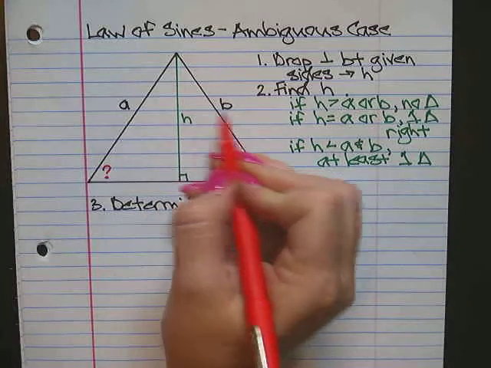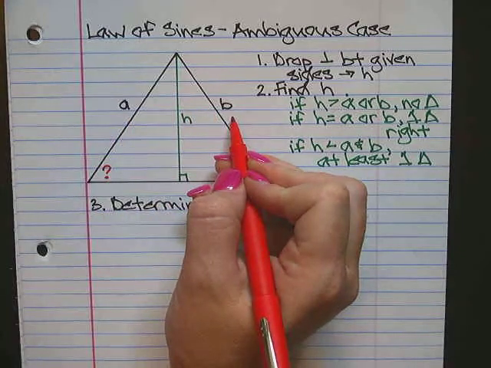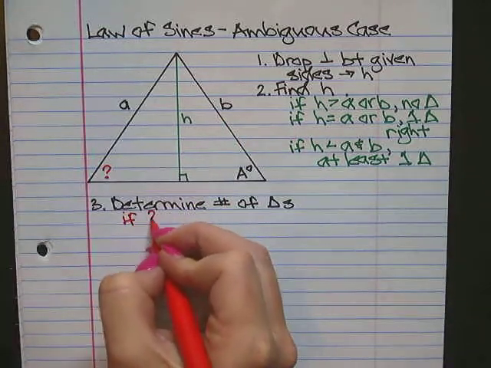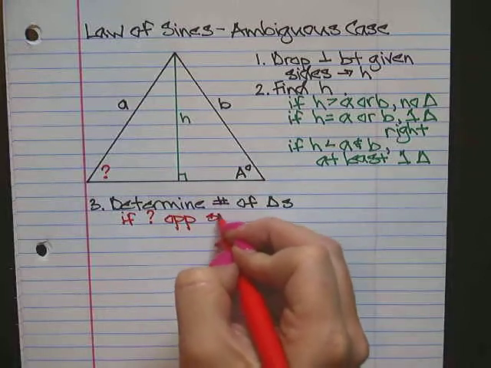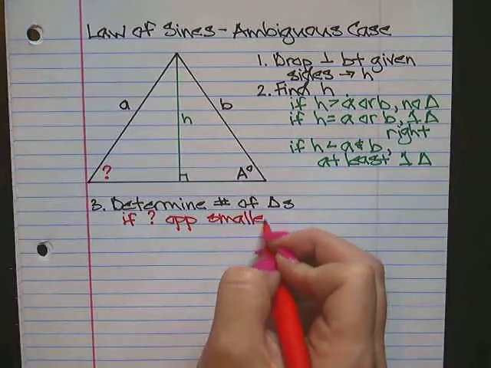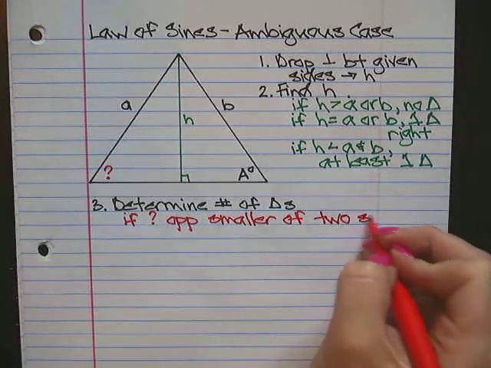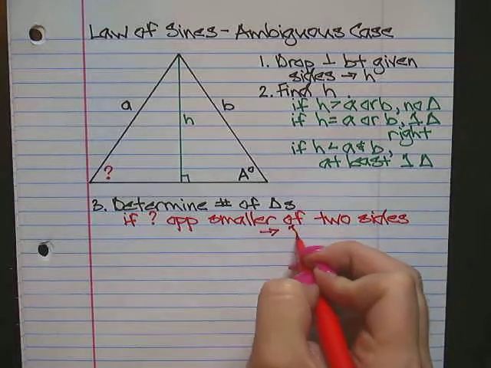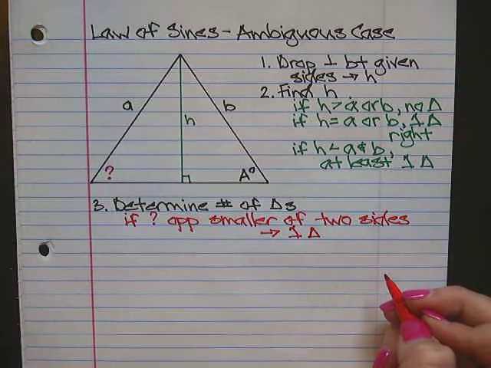If this unknown angle is opposite the smaller of the two sides that are given, then there is one triangle.